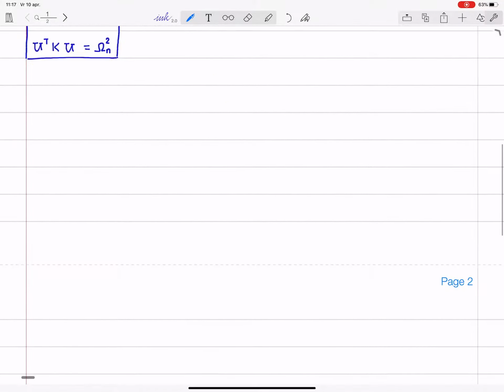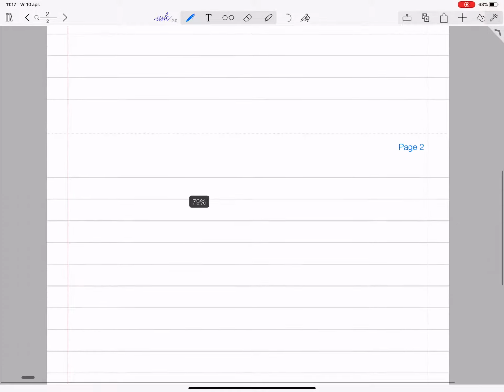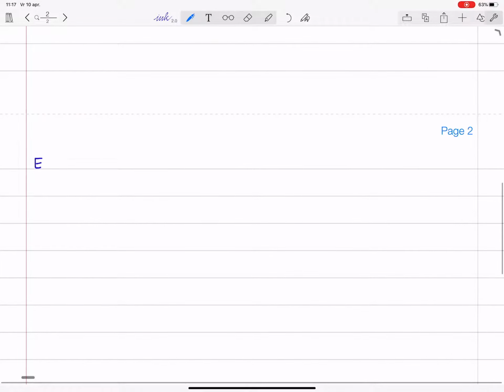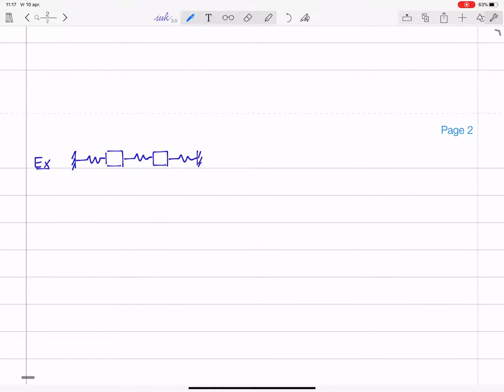Let me now walk you through an example, where I will use this double mass spring system that we have seen before. So this is M, and the springs are all the same.